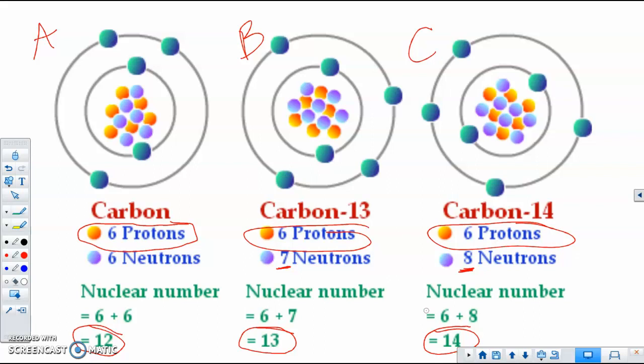So each of these atoms is carbon, but these are each a different isotope of carbon. The first one is plain old carbon. Sometimes you'll see it called carbon-12. It's the most common isotope of carbon. The second one, we call it carbon-13 because it has a mass of 13. And then picture C, carbon-14 because it has a mass of 14.